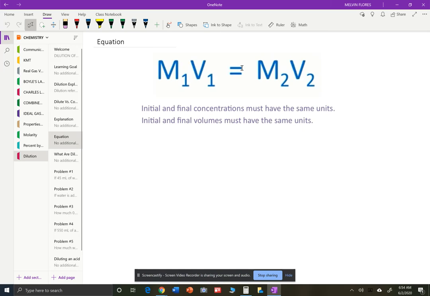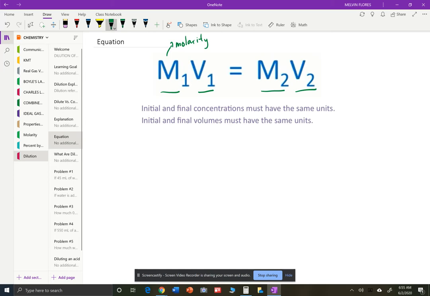Remember when we discussed the concentration of solutions using molarity. So this is the molarity, the concentration in molarity, and this is the initial concentration. This is the initial volume, and then we have the final concentration in molarity, and the final volume.